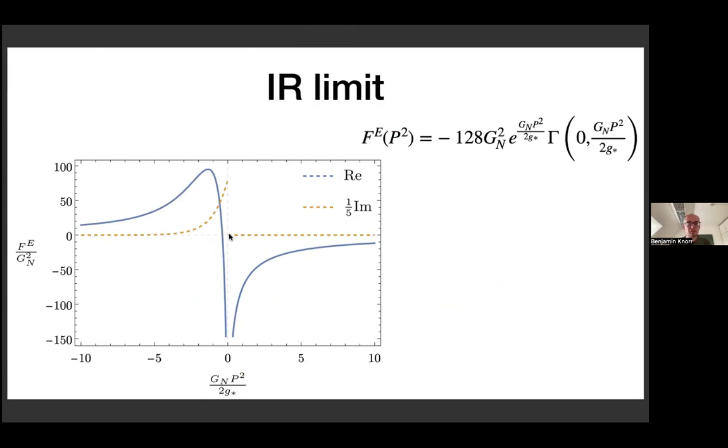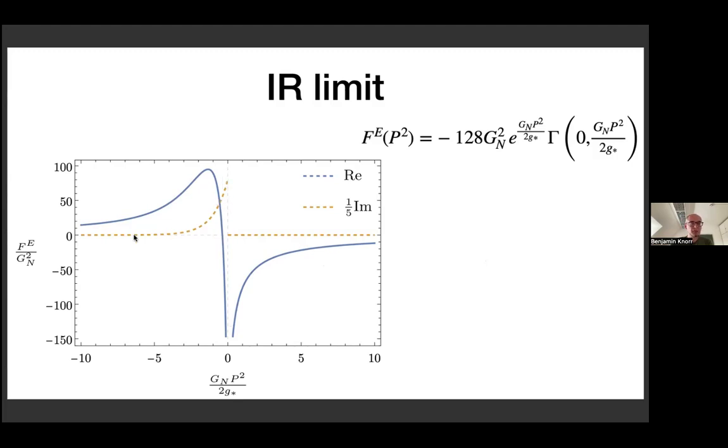The imaginary part is 0 for positive p squared. So this is the Euclidean branch, which is good because there should not be anything imaginary for this part of the real line. You see that the form factor is negative. It still falls off like 1 over p squared for large arguments, but at p equals 0, there will be a logarithmic divergence. I'll show you the analytic form in a second.